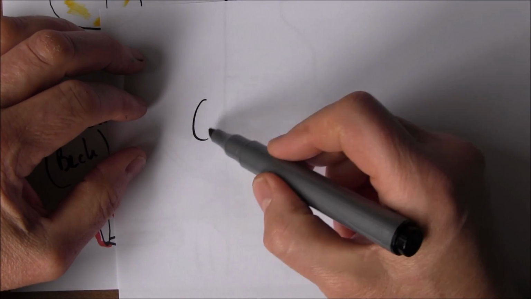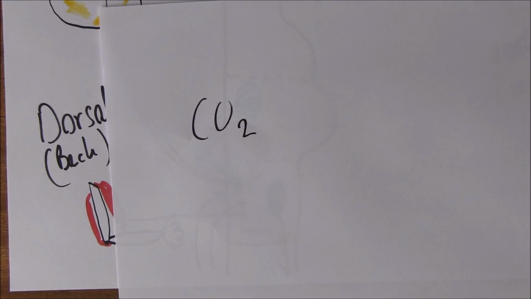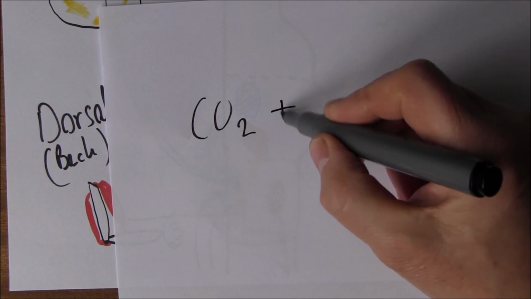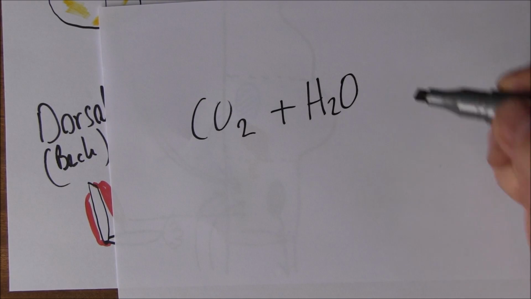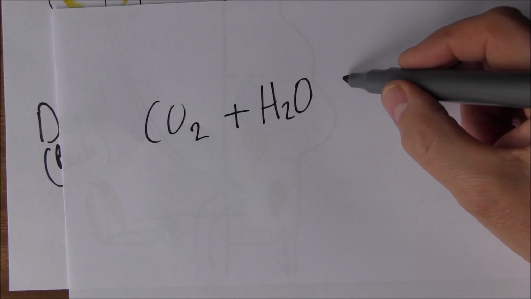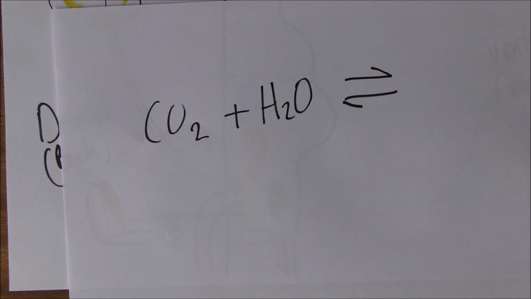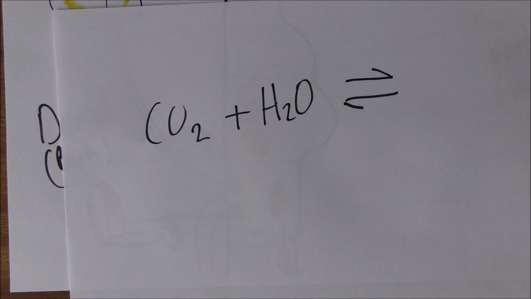As you might know, if there's an increase in the amount of carbon dioxide in the tissue fluids and in the blood, when the carbon dioxide combines with the water in the body fluids, so CO2 plus H2O, you probably know this, it gives us a reversible reaction. And this reversible reaction produces carbonic acid.